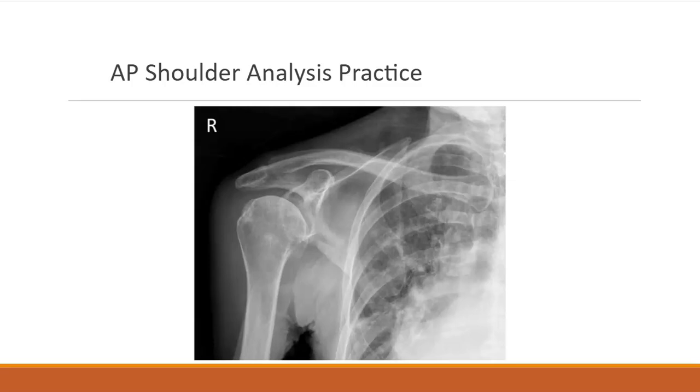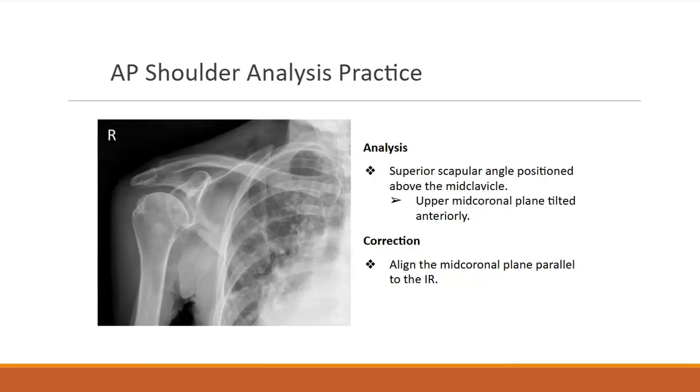Disregard the positioning for an internal or external view. We're looking for more rotation and a body tilt or plane tilt. So let's look at this first practice analysis together.